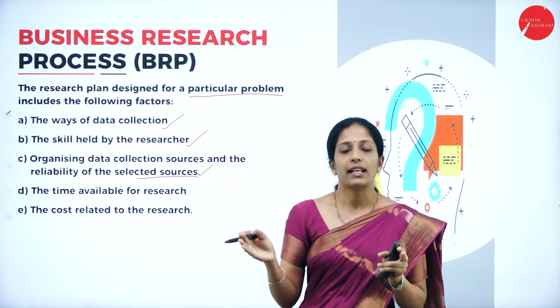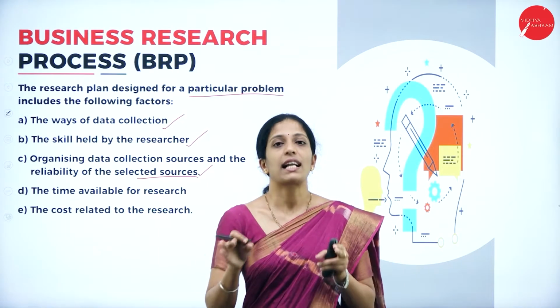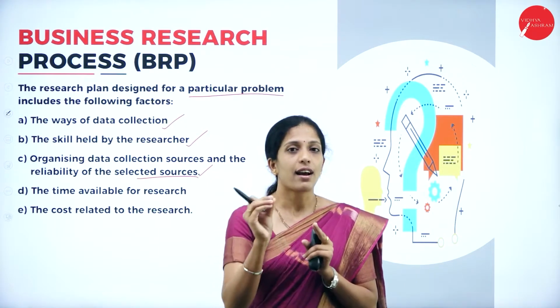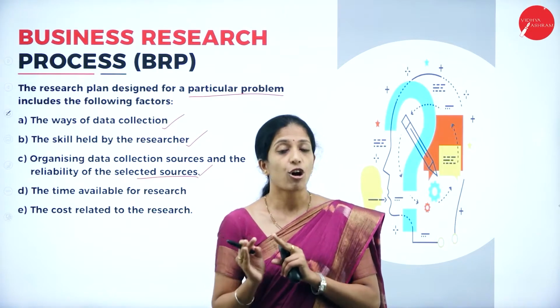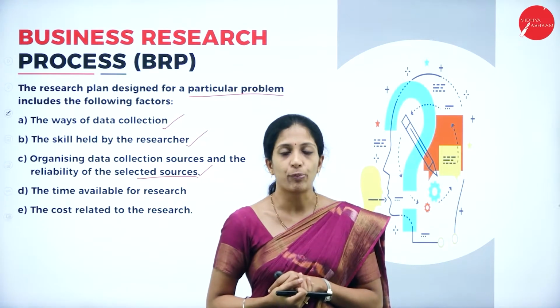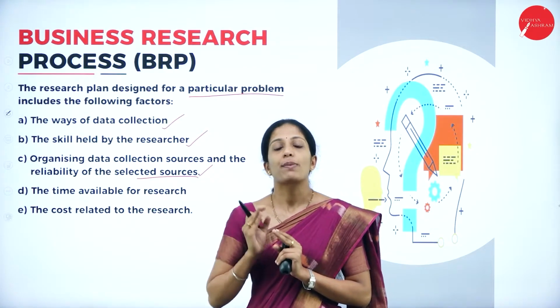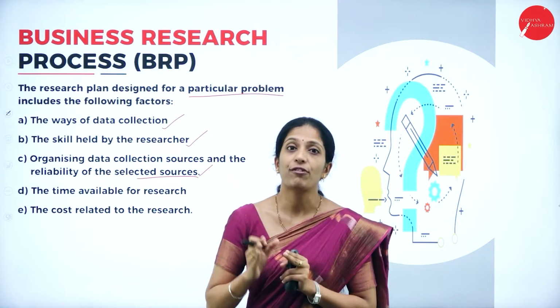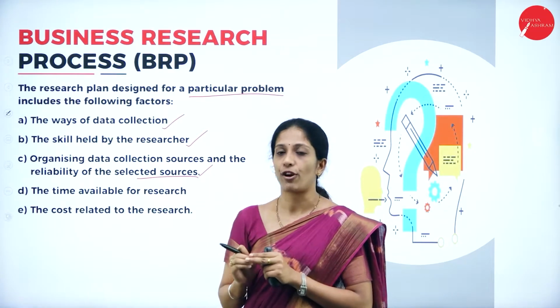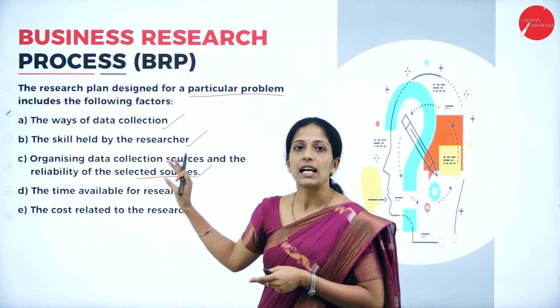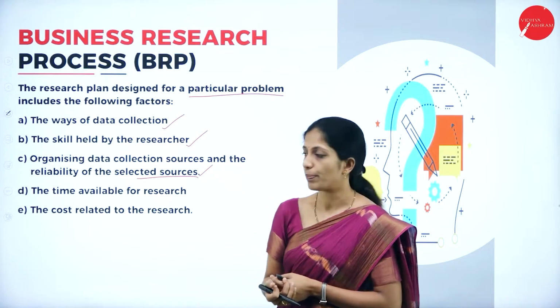After collecting the data, how we have to organize it. The data cannot be directly given in the form of a report. It has to be analyzed and interpreted, and presented in tabular or graphical form. So that can be clearly understood by the business research plan.